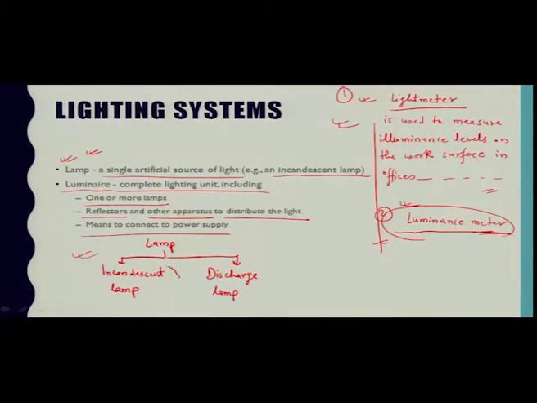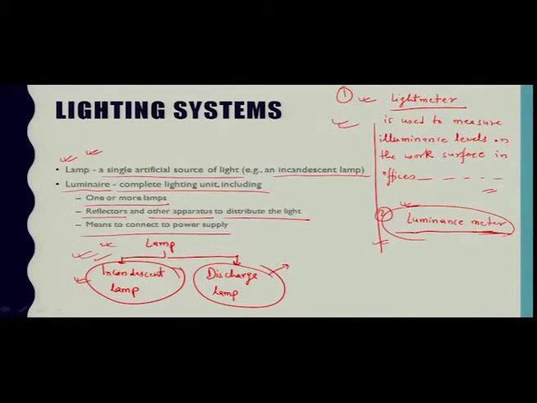The incandescent lamp operates by electrically heating a filament, as you see in houses. This incandescent lamp is frequently used. It is operated by electrically heating a filament that produces radiant energy, some of which is in our visible spectrum. The common material for this filament is tungsten.